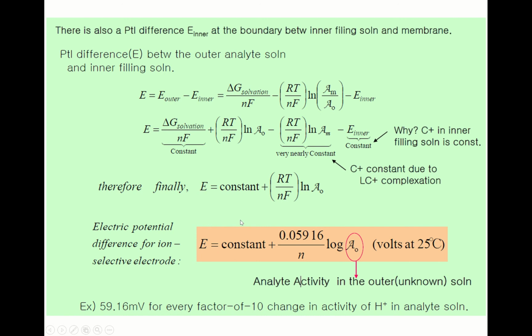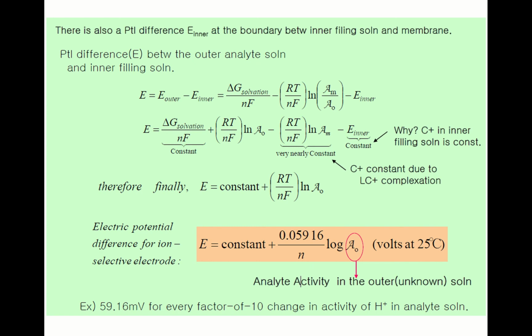We have to define which sign is given to ions. Traditionally, plus sign is given to cations because they have positive charges, and negative sign is given to anions. And n is the number of electrons.